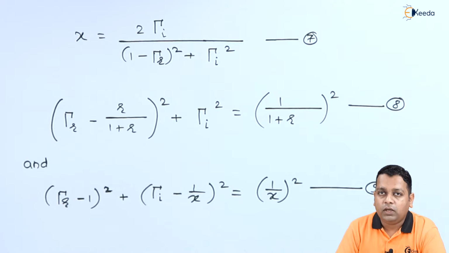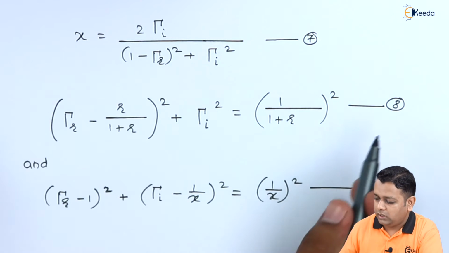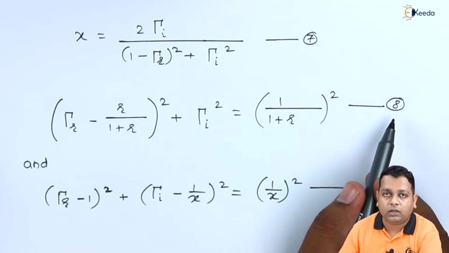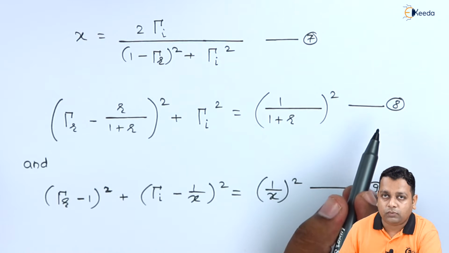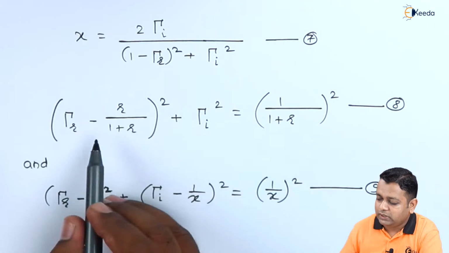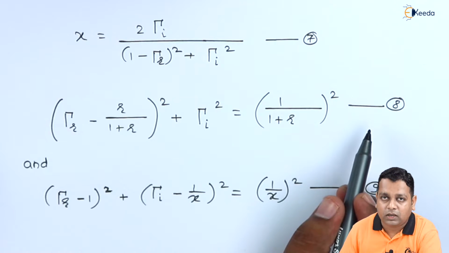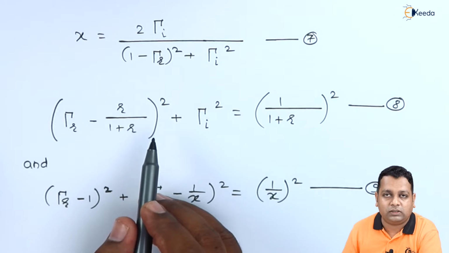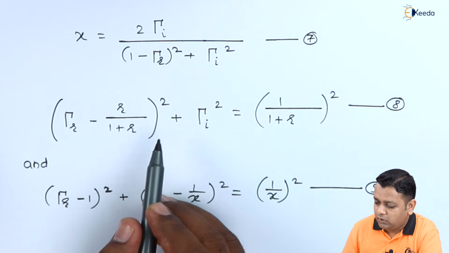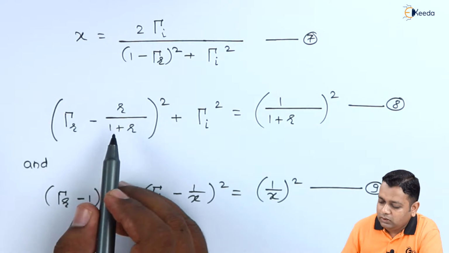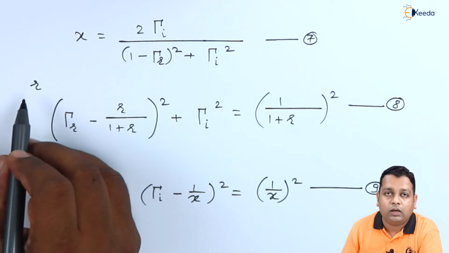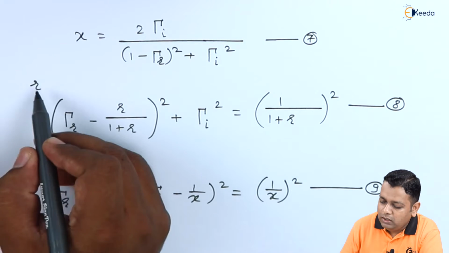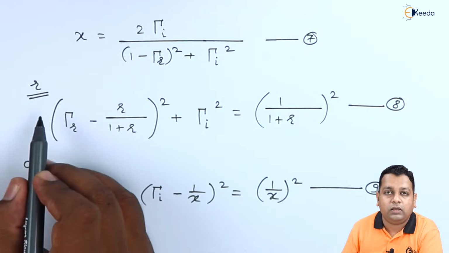Now when we look at equation number 8, its form is the equation of a circle. So we can say in general that equation number 8 gives us a family of constant circles. For this family of constant circles, the resistance is represented by r. As it is completely a real part, r is nothing but the resistance.